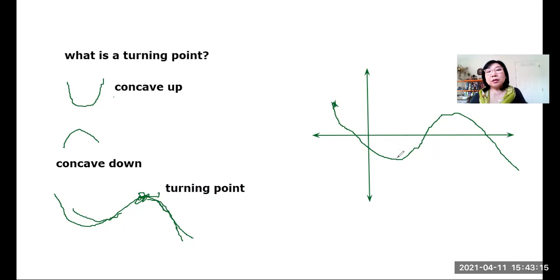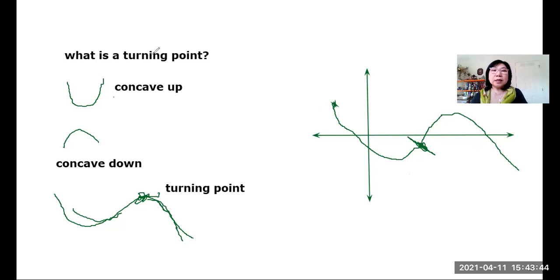Everything from here to here, concave down. Now, where is it turning to become concave up? Right about this point, right here. It's changing from concave up to concave down, right? So this is the turning point.